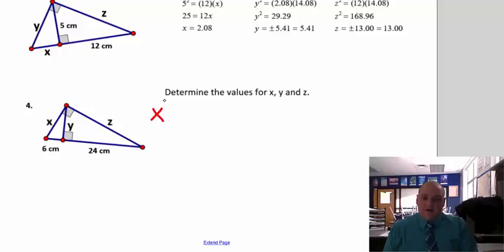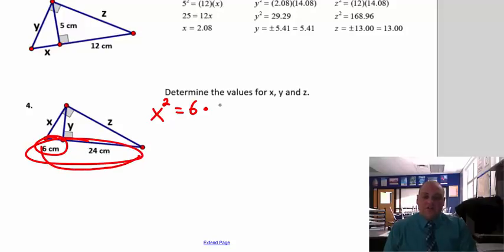X squared equals, you take the closer hypotenuse piece, which is 6, and then you multiply by the entire hypotenuse, the whole thing, which is 30. See how it's 6 and 24? The whole thing is 30.